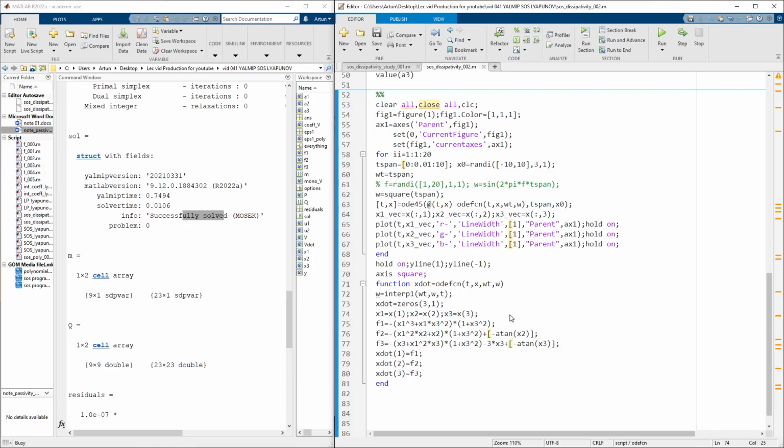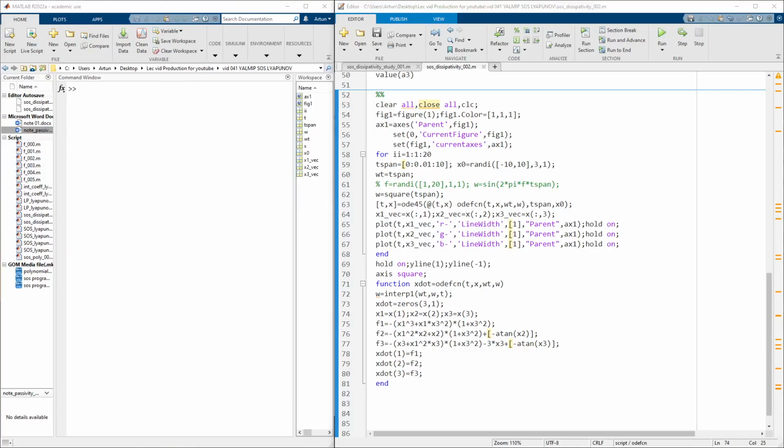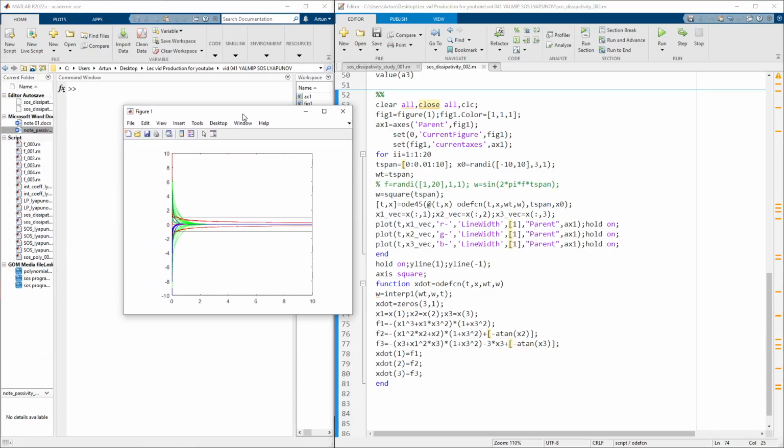Let's run it. Again you can see, you shouldn't conclude directly that this is globally asymptotically stable, but we are running multiple simulations, and all of the state trajectories converge to the origin.